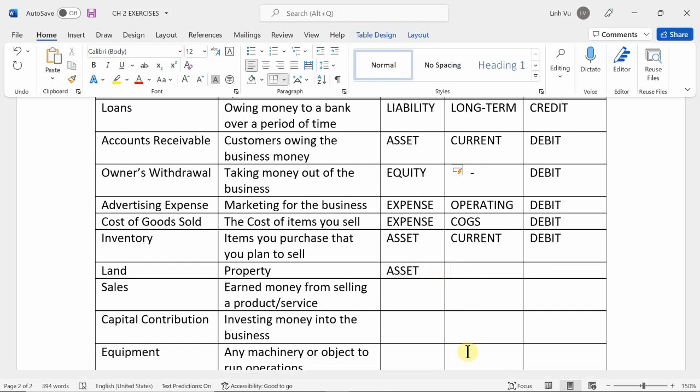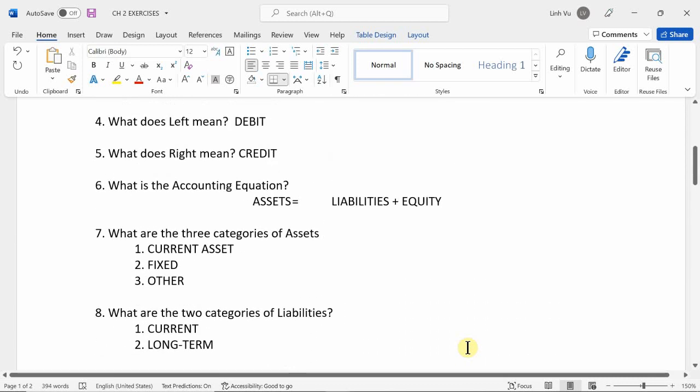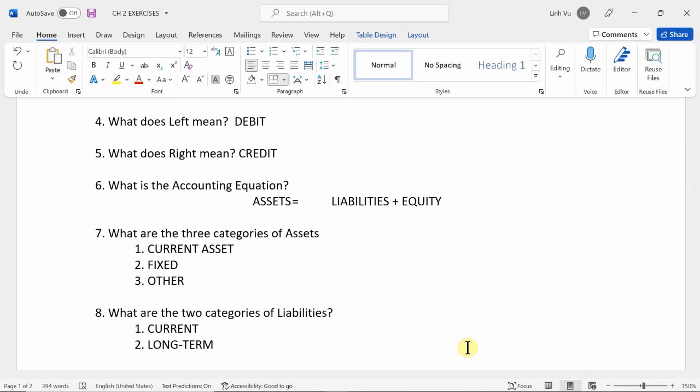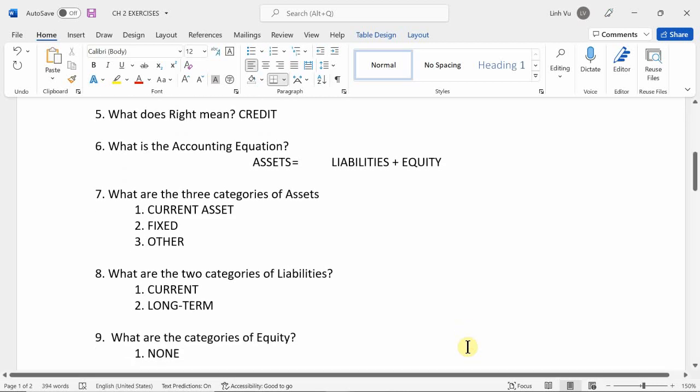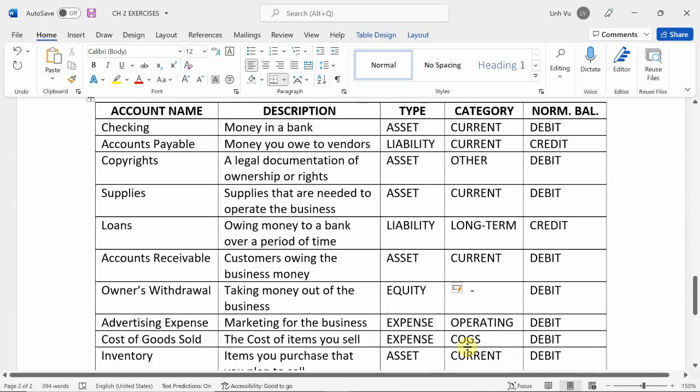Okay, so let's take a look at what those categories of assets are. Current. Okay, no, it's not current, because if I buy land, how quickly can I convert this into cash?